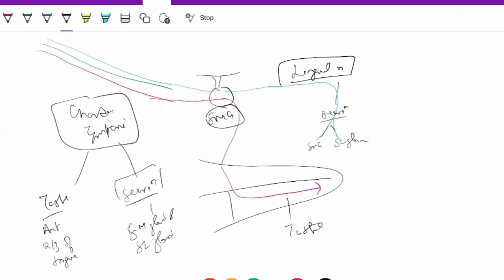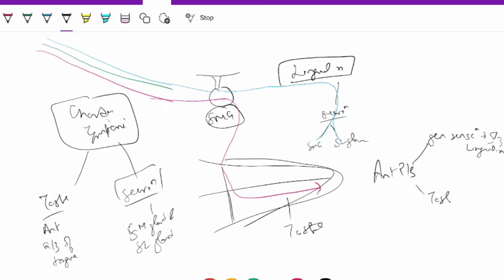right? So now we know what the taste and secretion from the tongue are, and we are very much clear about it. So the anterior two-third of the tongue, if we talk about general sensation, mandibular nerve, that is lingual.